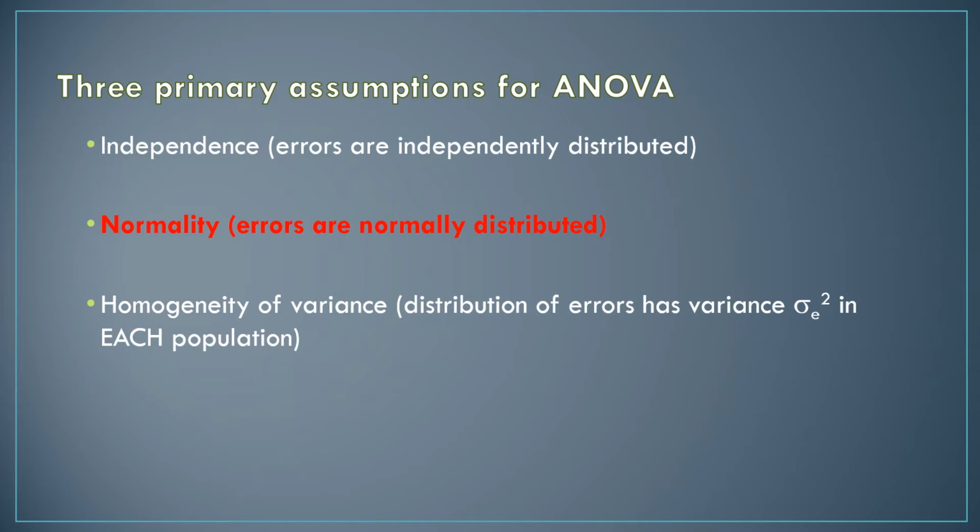And so when you are looking at the error, which is the difference between the expected, which is that central F distribution, and the observed, which is your non-central F distribution, you should have a normal curve of those errors. That difference between them is the errors for each individual point, and that should be a normal curve.